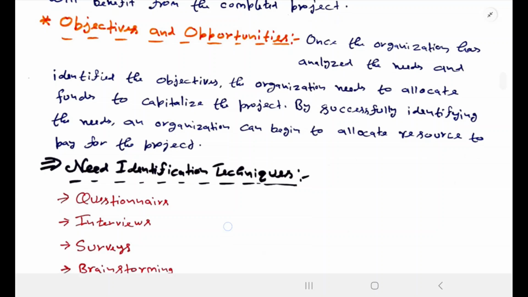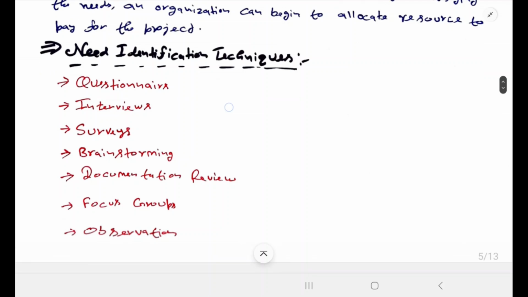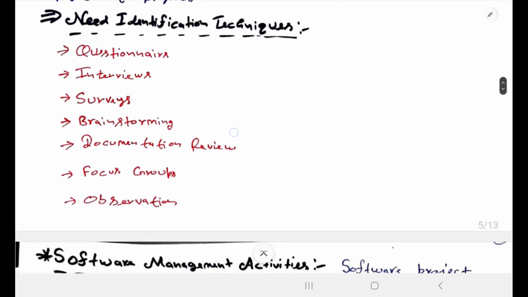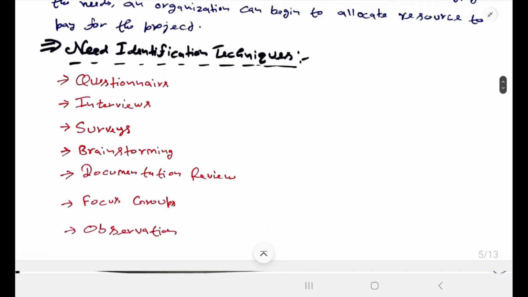Here we have some need identification techniques. The first one is questionnaires, second one is interviews, surveys, brainstorming sessions, documentation review, focus groups, and observations. These are some techniques to identify needs.